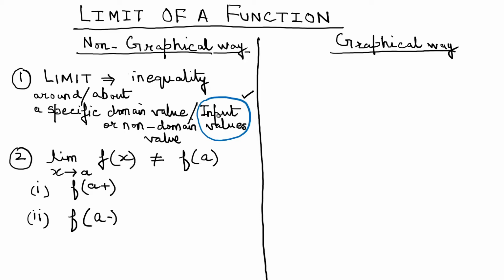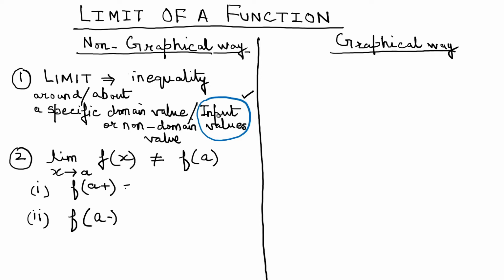A minus means the value which is very close to x is equal to a but greater than a in the first case. In the second case, all such values of x which are very close to x is equal to a but lesser than a.